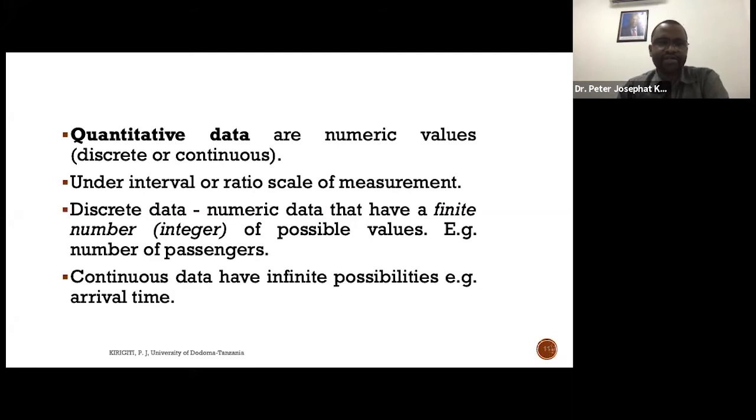For instance, when you are talking about the arrival time, under arrival time we have continuous data. We'll see later that these are very important issues to know, because if we have continuous data, it has an implication for which test statistics to be used. The same applies to integers, and the same to qualitative data.